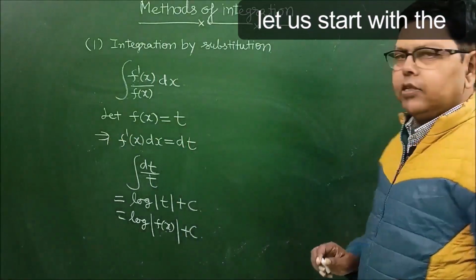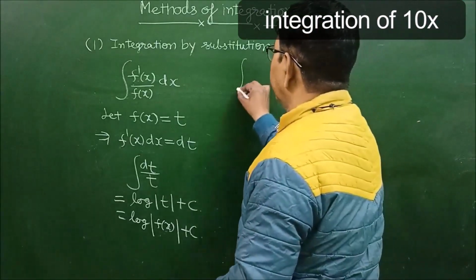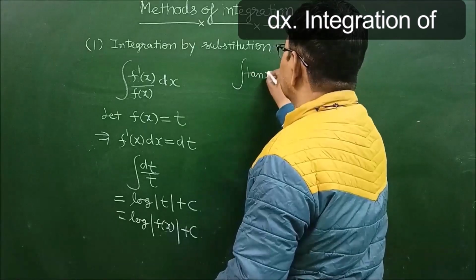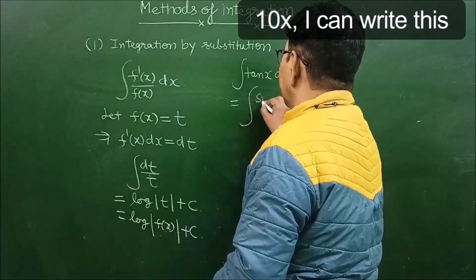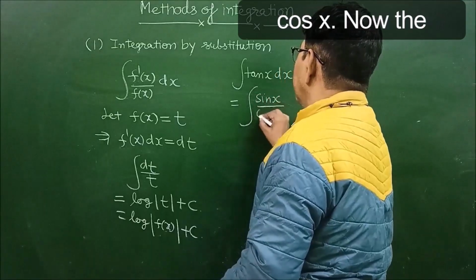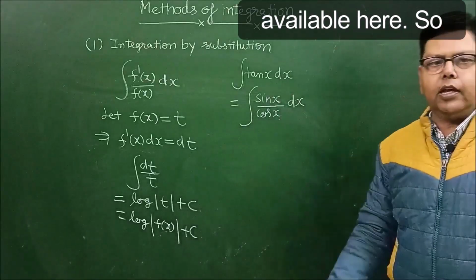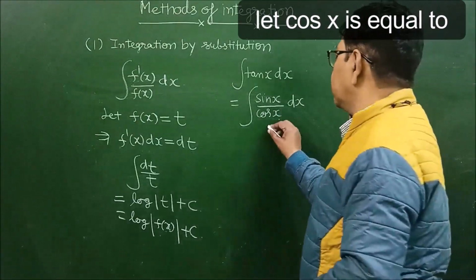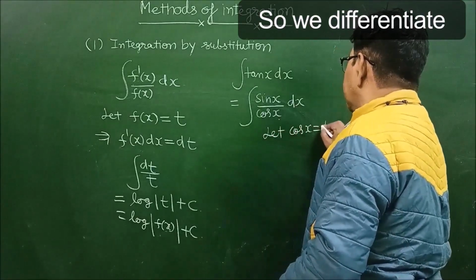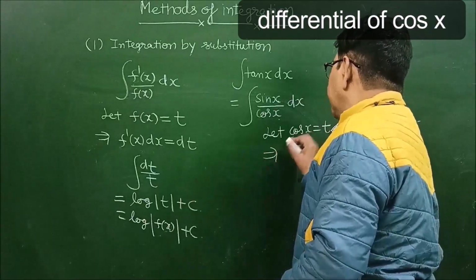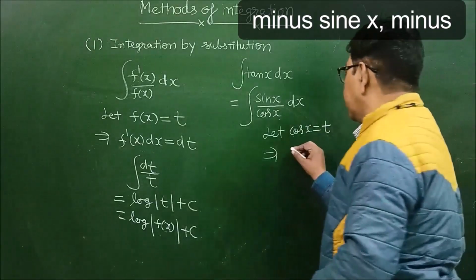So let us start with the integral of tan x, integration of tan x dx. I can write this tan x as sin x upon cos x. Now the differential of the denominator is available here. So let cos x is equal to t. If we differentiate it, then the differential of cos x with respect to x is minus sin x.